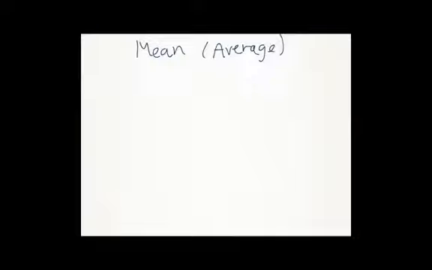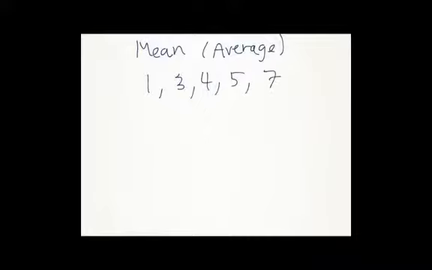Okay? So to calculate this number, all we do is sum up the numbers we have and then divide by the total number of numbers. This is easiest to see with an example. Suppose my data set is something really simple: 1, 3, 4, 5, and 7, for example.